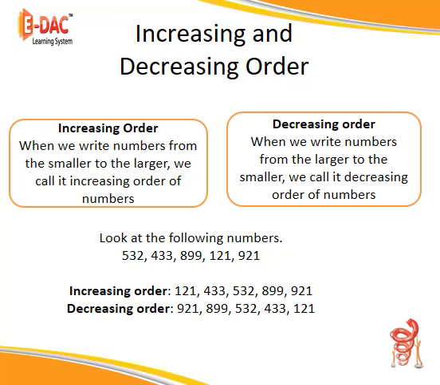Then we write the next smaller number than 921, which is 899. Then the next smaller number, which is 532, then 433, and the last, smallest number is 121.